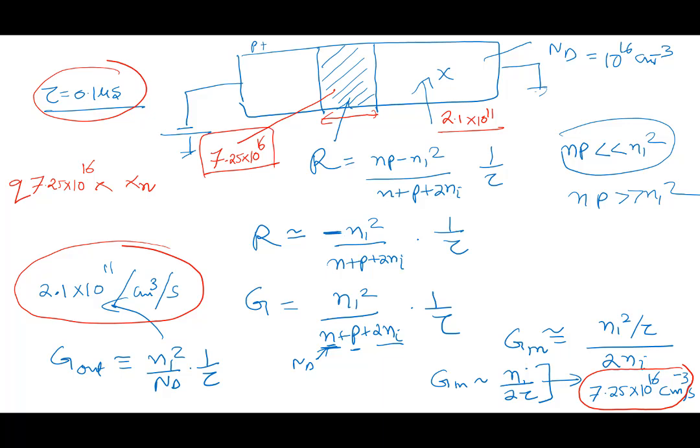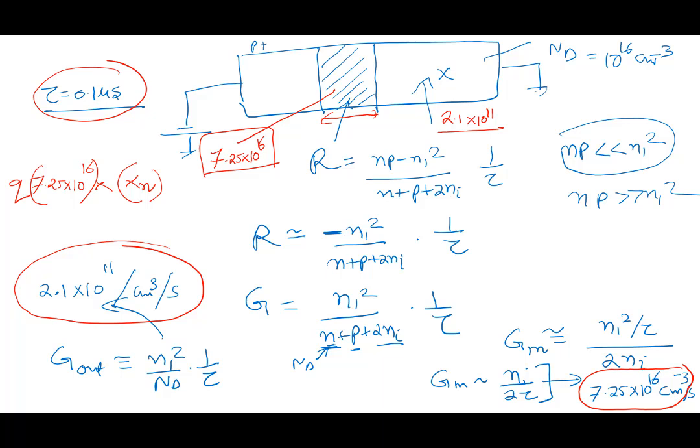7.25 into 10 power 16 carriers are being generated per unit volume per second. These carriers are getting separated and giving rise to current. So Q times the generation rate multiplied by the depletion width will give you the net contribution of generation within the depletion region to current.